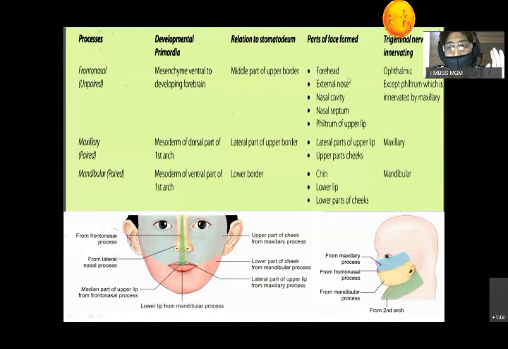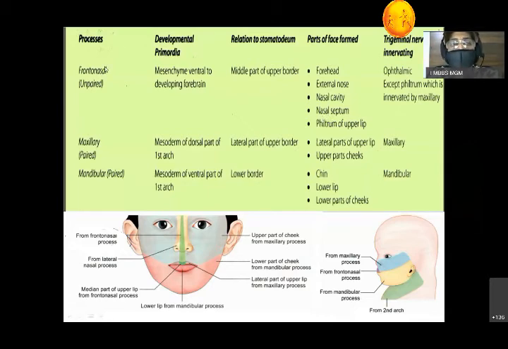It forms forehead, it forms external nose because nasal placodes appear in the frontonasal process only. They form the nasal cavity from the nasal pit. They form the nasal septum because medial nasal processes fuse with each other, and they form the philtrum of the upper lip because they are also developing from the intermaxillary segment.